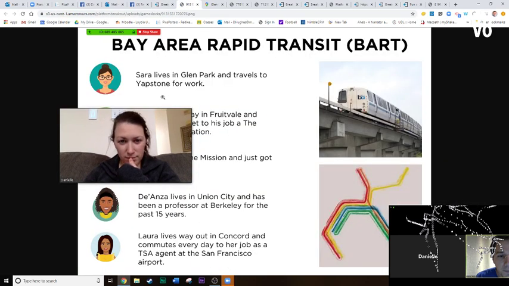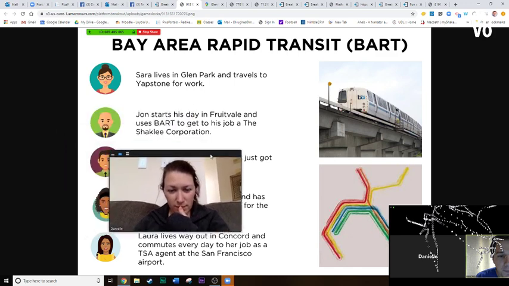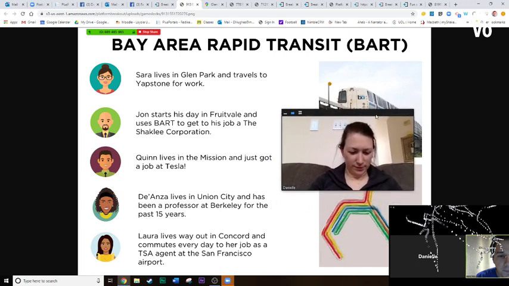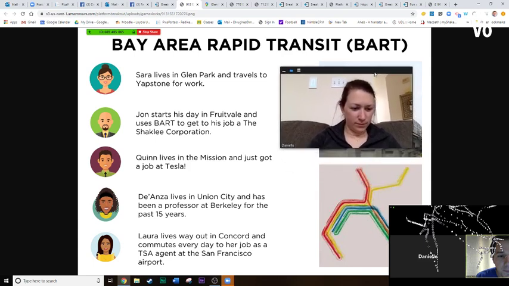The second one is John starts his day in Fruitvale and uses BART to get to his job at the Shakely Corporation? Can you start looking up... Yep. So he's going from Fruitvale to Shakely. And I'll look up the Mission and Tesla.